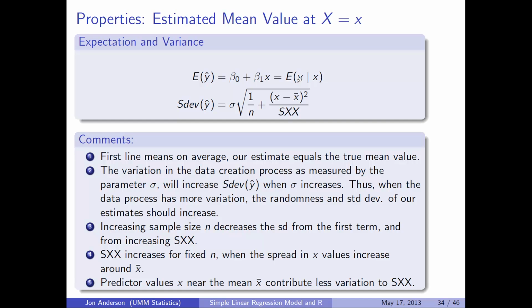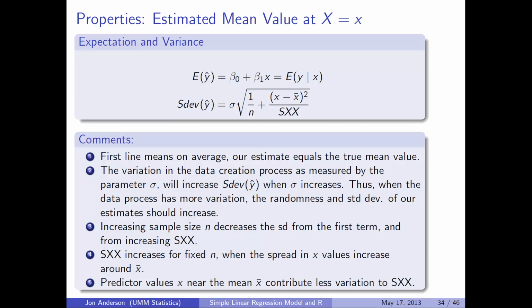It's the mean function. Here is the expression for the uncertainty of that kind of an estimate. You'll notice it involves the error variation, the randomness in the system. It involves the amount of data that we have, the number of data values, n. It involves the spread in the predictor values. And it also involves how far the value of x is from the average value of x.